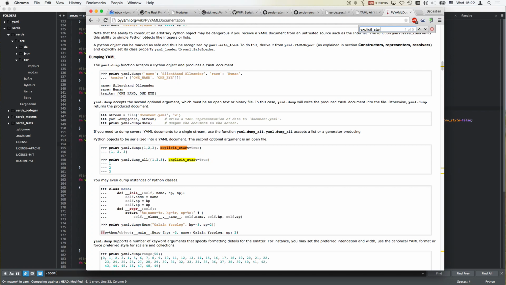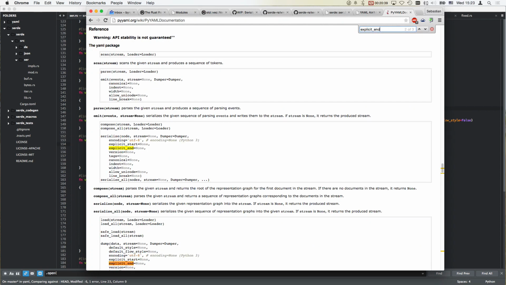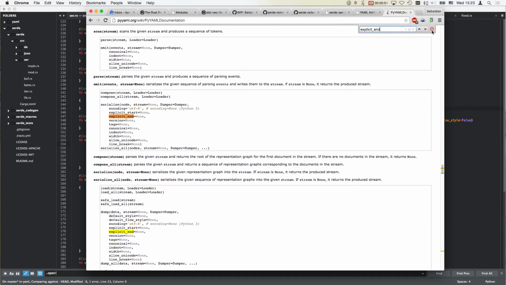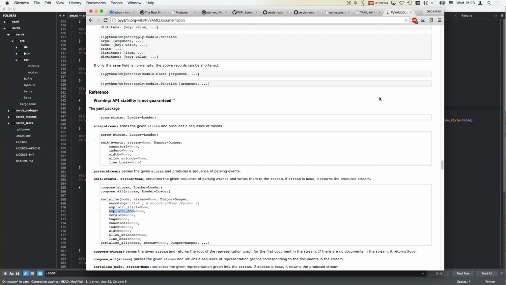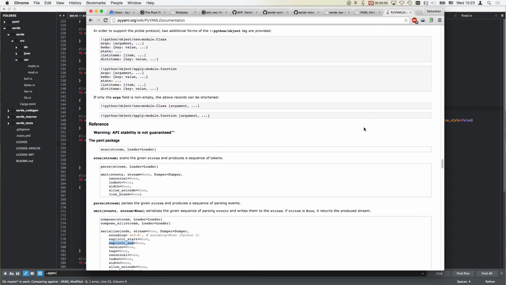An explicit end. It's not documented anywhere. Awesome. This documentation, it kind of is incomplete. I don't want to say it sucks, it's a strong word. And I don't know that yet, but it seems to be incomplete here.